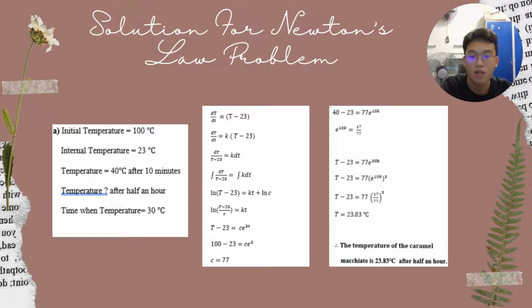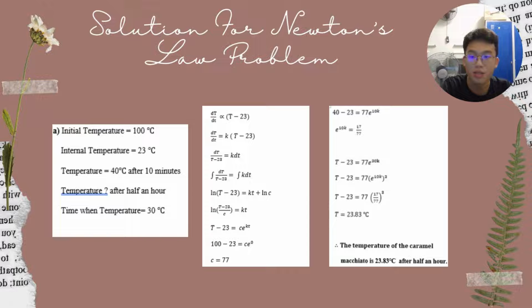Then 100 minus 23 is equal to C e to the power of 0, so we can get that C is equal to 77. Then we substitute C into the equation. 40 minus 23 is equal to 77 e to the power of 10k. So e to the power of 10k is equal to 17 over 77.